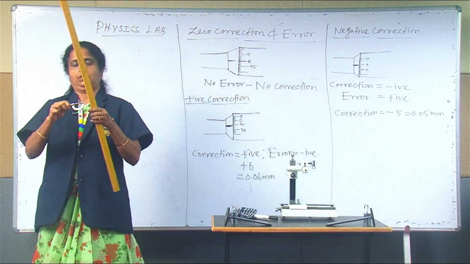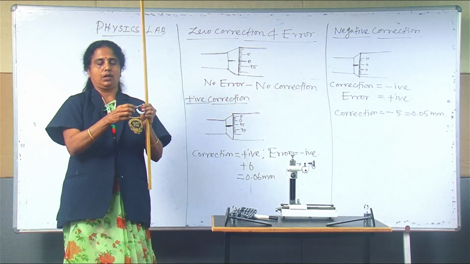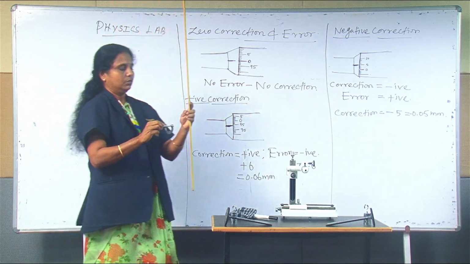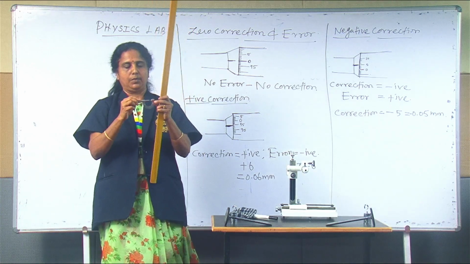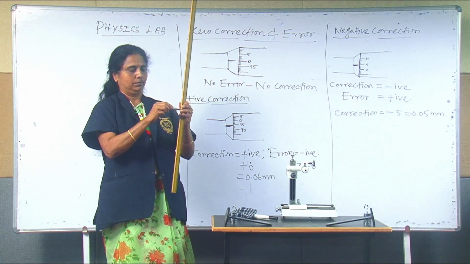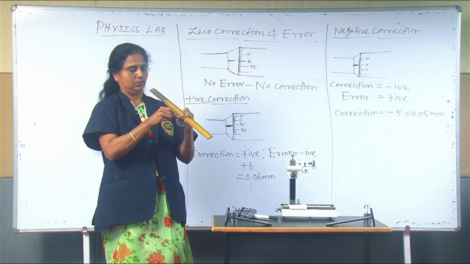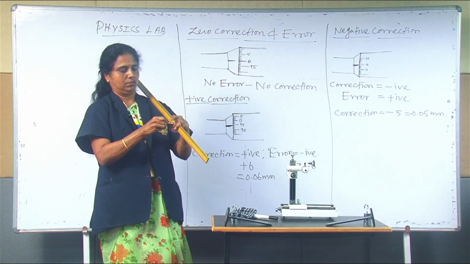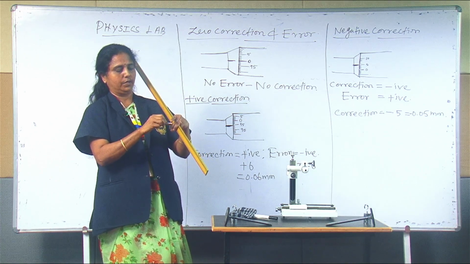Now we will find out the thickness of any given object. I took the scale as the object. You have to insert the scale between these two jaws and fix tightly. Like this you have to fix.